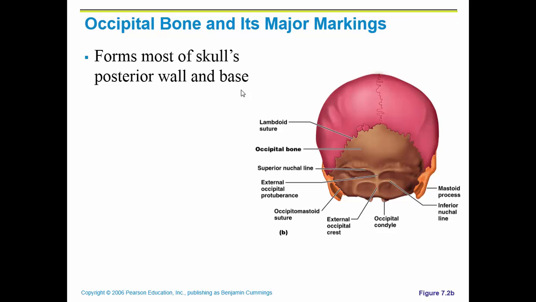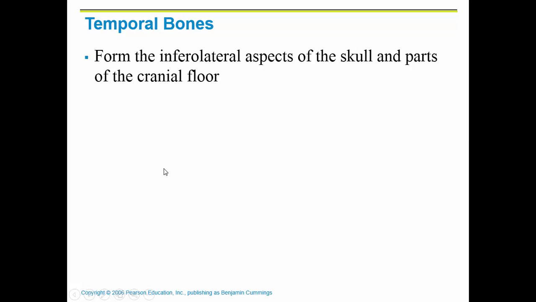The occipital bone is the portion of the skull that, if you were to smack somebody in the back of the head, you're hitting. The temporal bones are below the parietal bones on both sides. Your temporal bone is where your ear canals are, below your parietal bone.